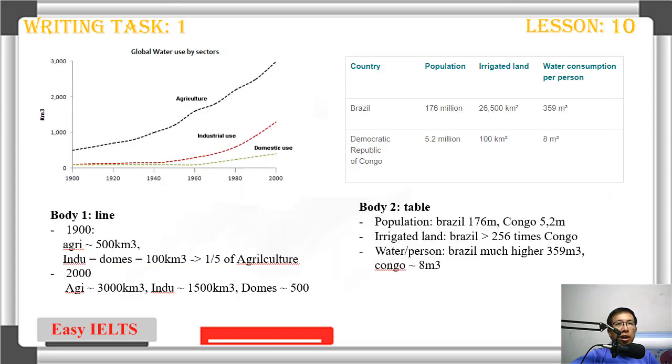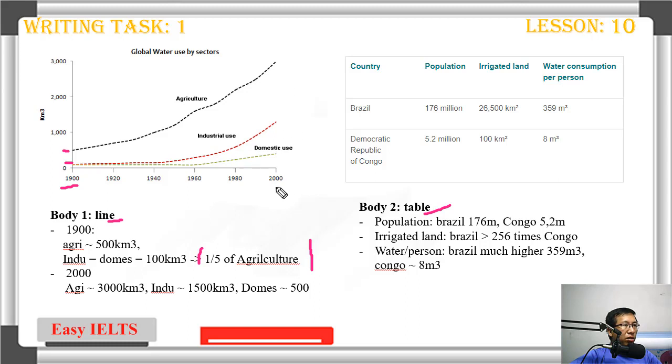Now we move to the outline of body 1 and body 2. Again, body 1, we're talking about the first chart, the line chart. Body 2, we talk about the second chart, the table. Because this is the line chart, we can start with the first year. So in 1900, agriculture around 500, industrial and domestic use around 100, and so you can see that they are about 1/5 of agriculture when we compare the numbers.